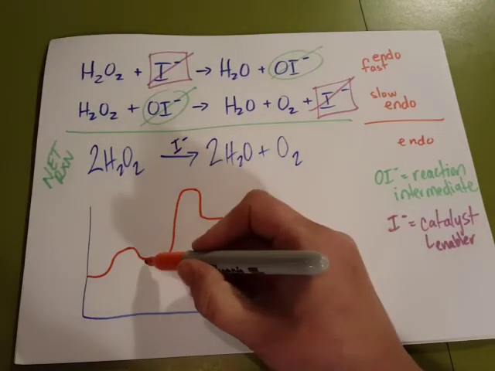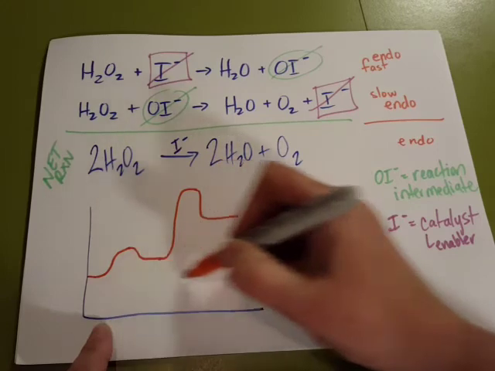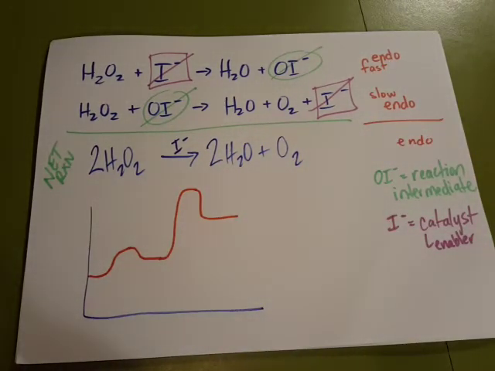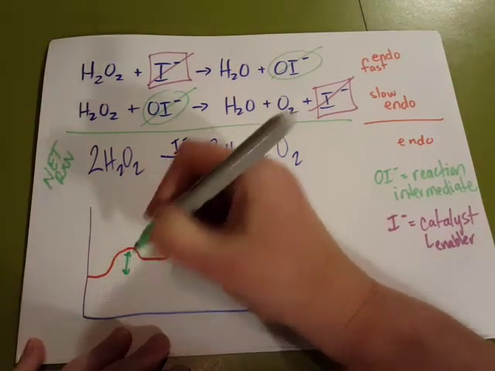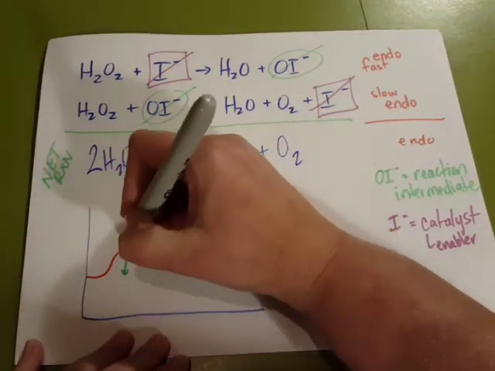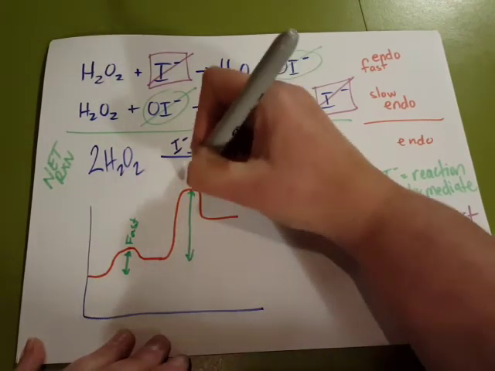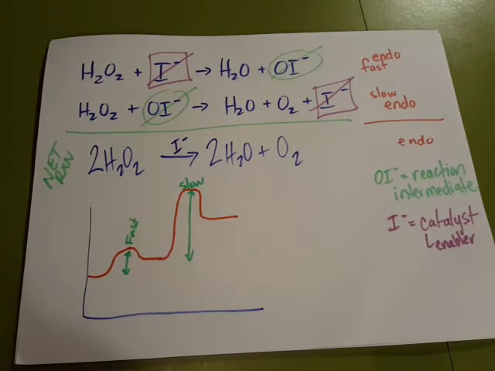So endothermic for the first step, endothermic for the second, and also endothermic for the overall. We have a fast step compared to a slow step. And by slow, it's because there's so much activation energy that is required.